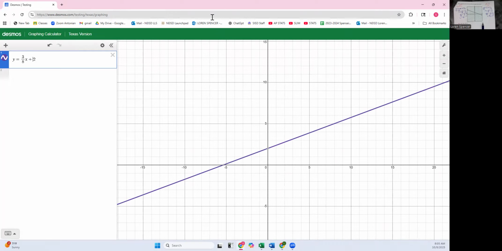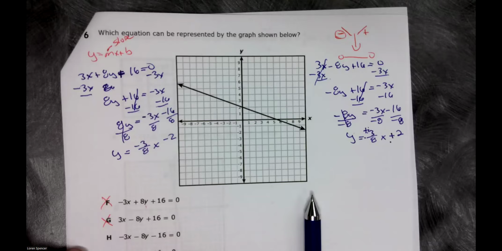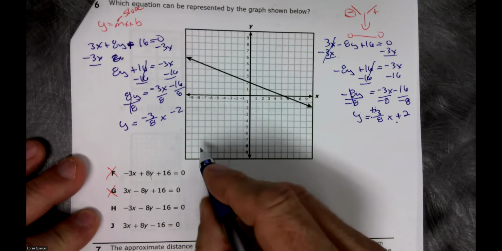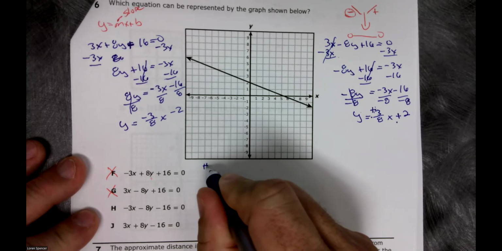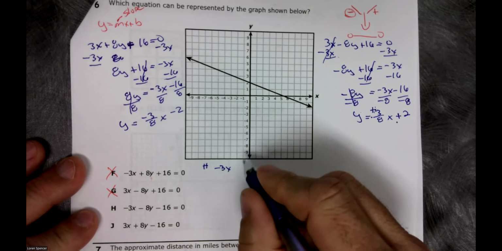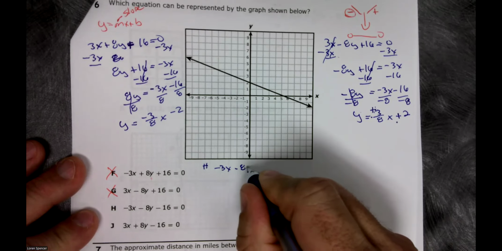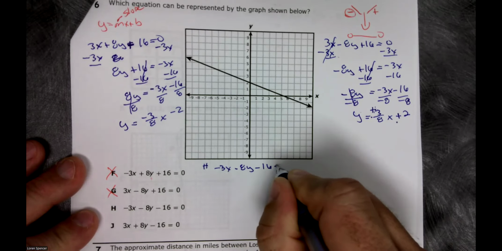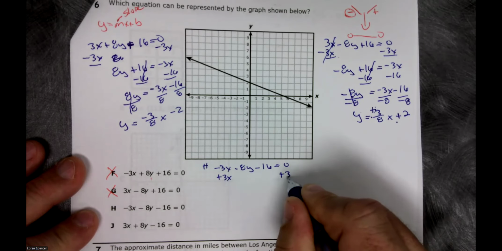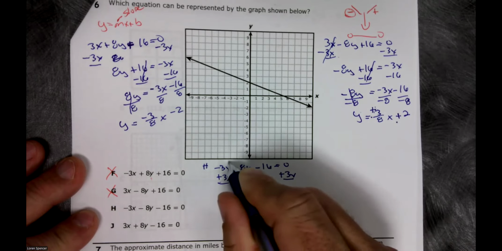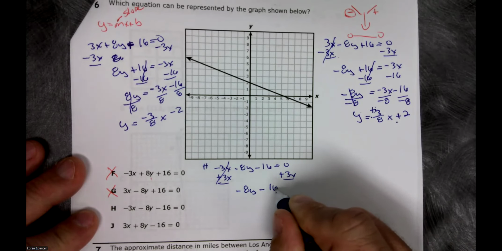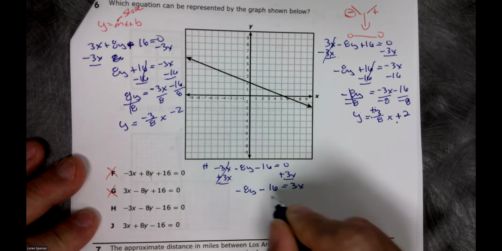I bet it's going to be the last one. Okay, we have negative 3x. So for H, we have negative 3x minus 8y minus 16 equals 0. I add 3x to both sides, and I have negative 8y minus 16 equals 3x.